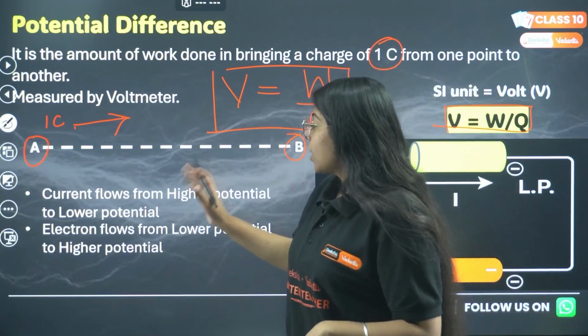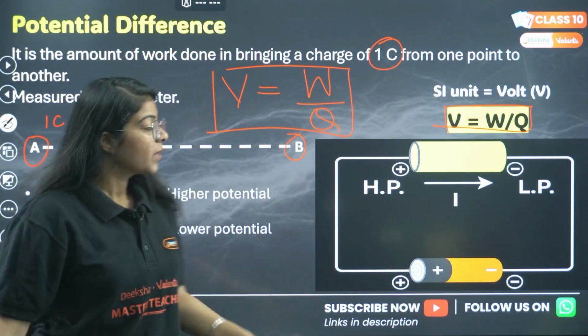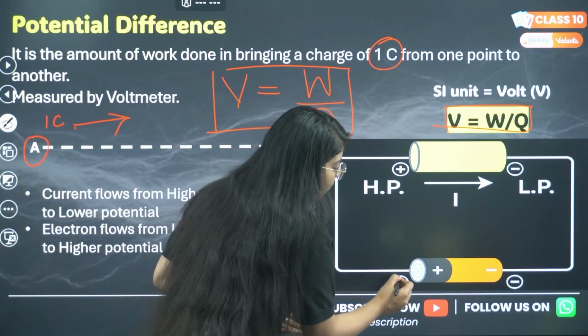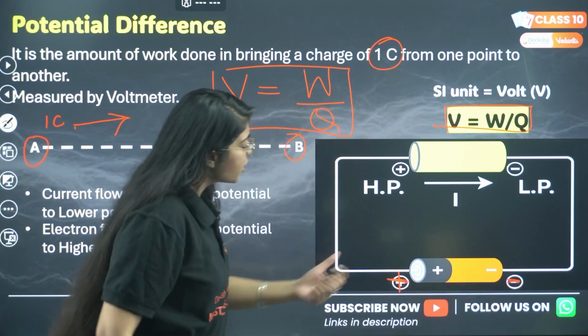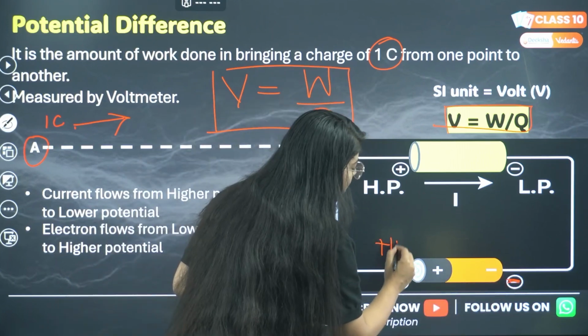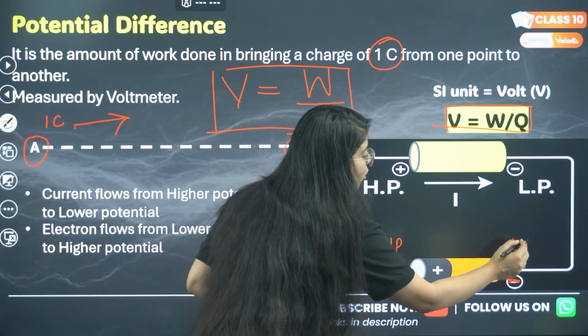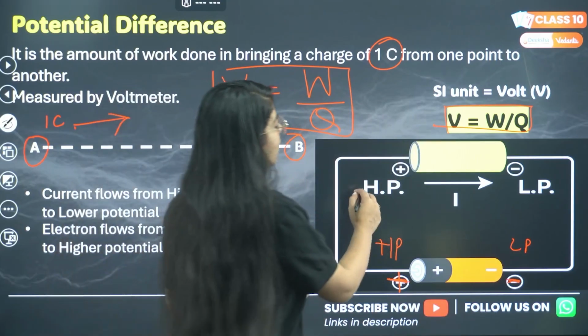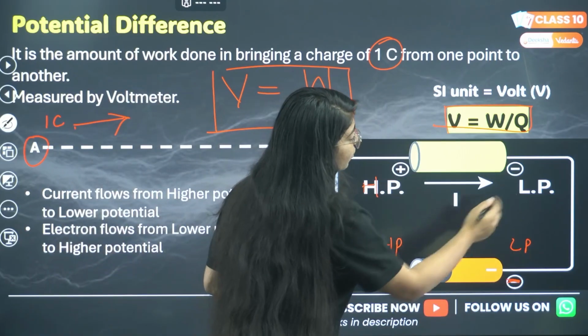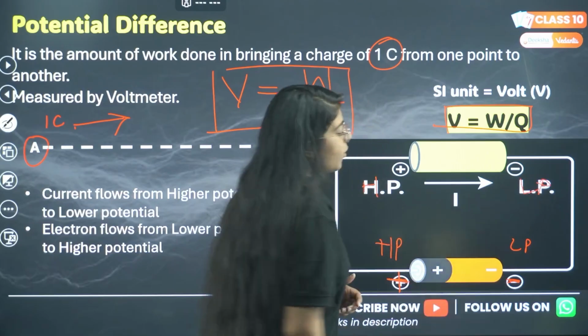Very good. Now a very important concept. We have two terminals on a battery, right? Positive and negative. The positive one is called higher potential and the negative one is called lower potential. Similarly, the conductor connected with the battery will also have a higher potential due to this battery and then a lower potential.